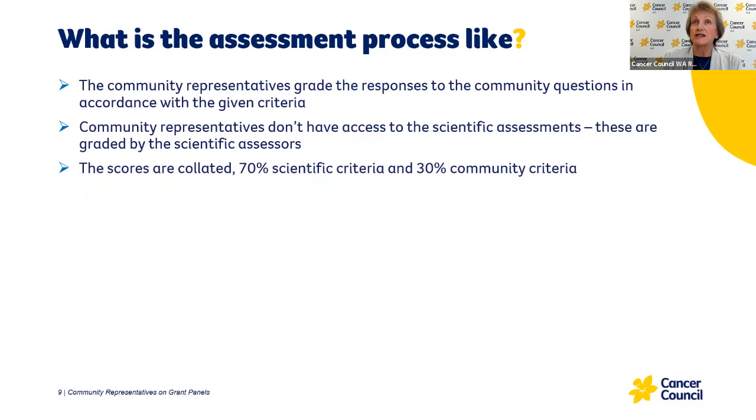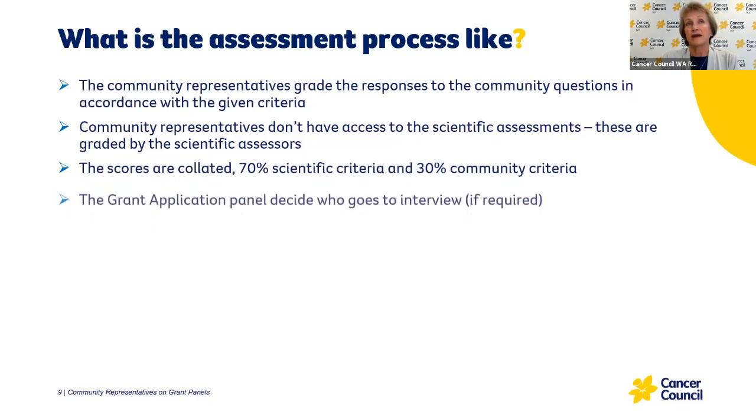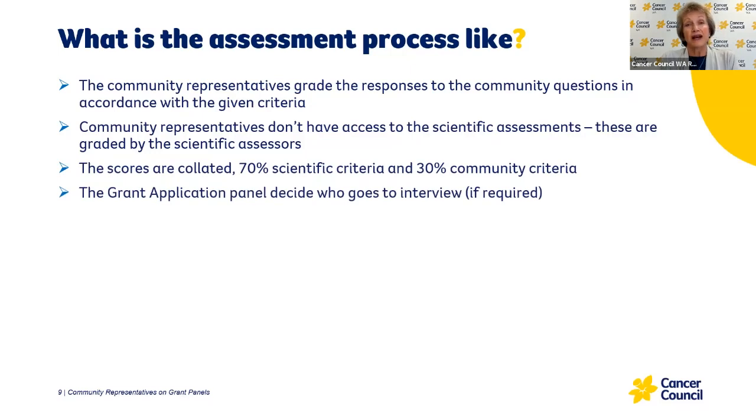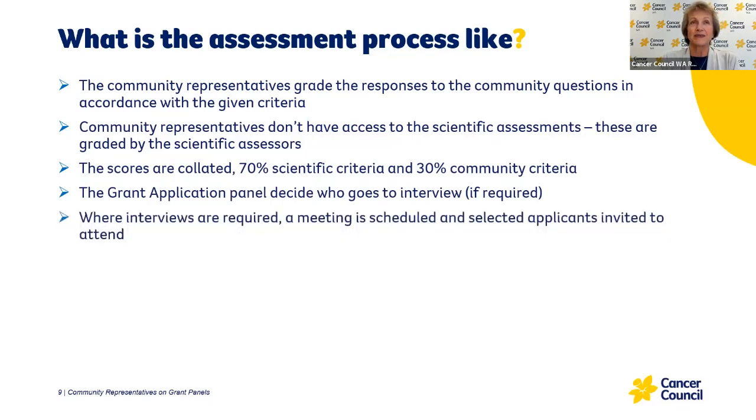Once both the scientists and the community representatives have submitted their scores, these are collated and weighted. The scientific score is weighted 70% and the community criteria 30%. The grant application panel, as a group, then decide who goes to interview, if we need that to resolve the shortlist.